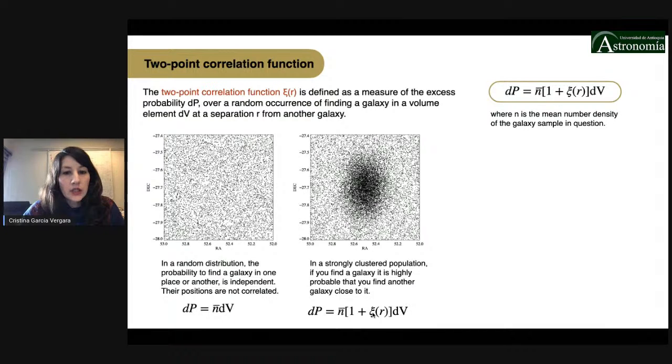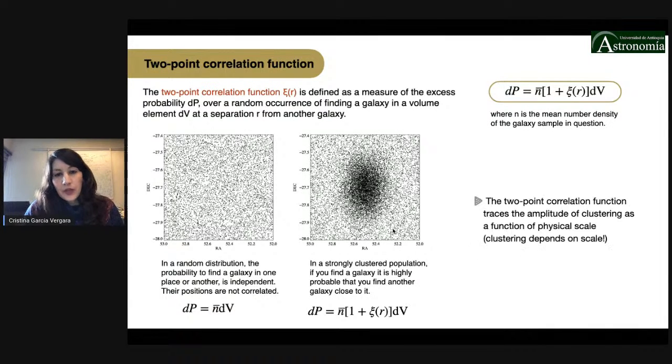In this case, if you find a galaxy in the sky, then it is very likely to find another galaxy very close to it. That means that when you have positive clustering, the probability to find a galaxy close to another is higher in comparison with this random case, okay?